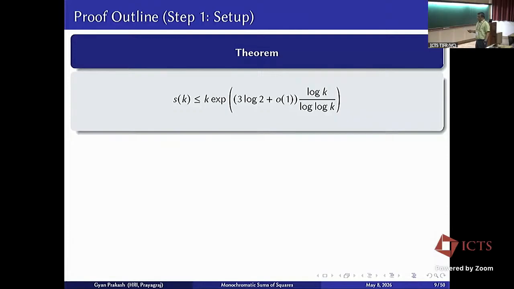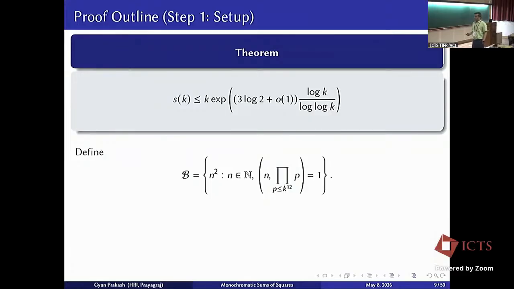So, first thing which we will, okay. Now there is a technical condition which we will come to later, that what we try to do is not just take the set of all squares, but we get rid of those squares with small prime divisors.